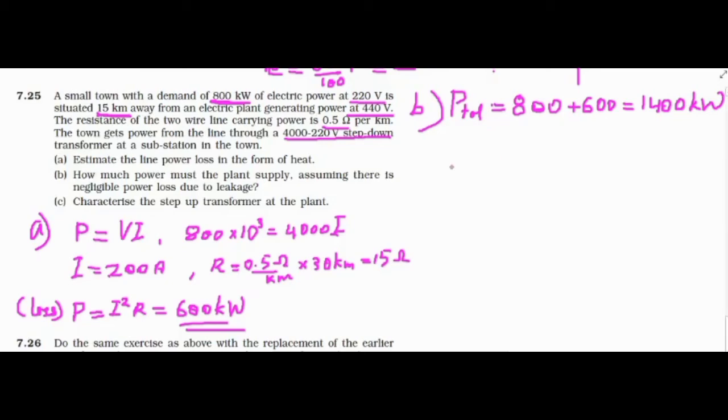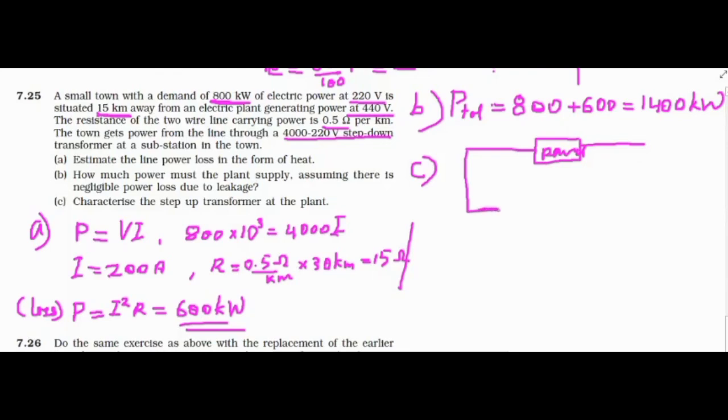Then next, part C. Characterize the step-up transformer at the plant. When we think about the step-up transformer in the plant, we can take it like this, okay? So we have the power station. From the power station, the power is supplied. Now, when the power is supplied, I'm going to take two conditions.